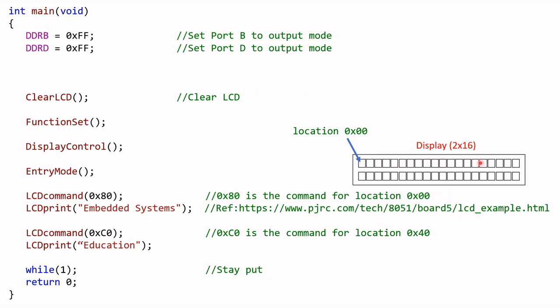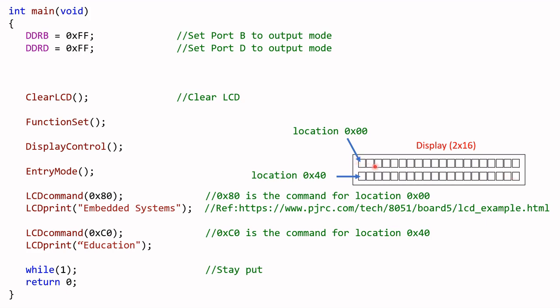For the second line, the start location is 40 hexa, and you need to put in C0 command code first before you can display the characters on this line.